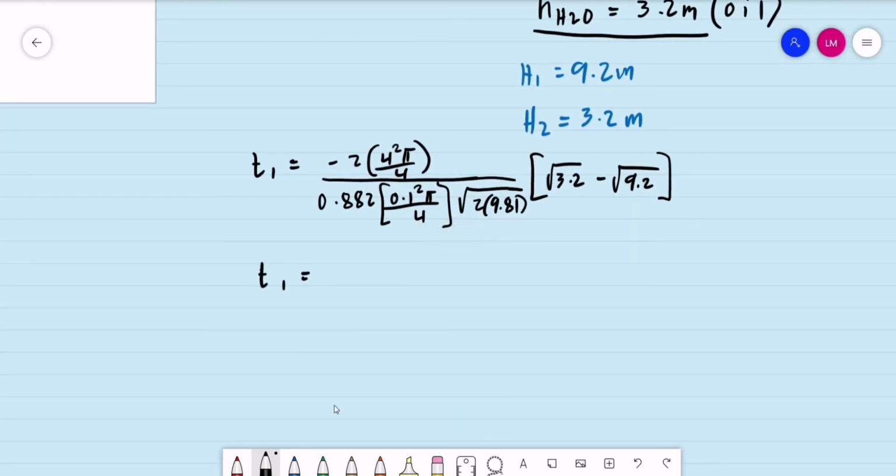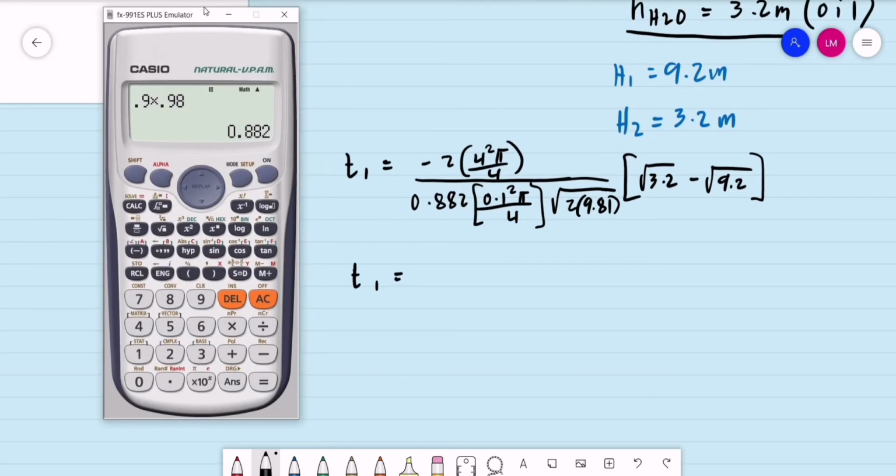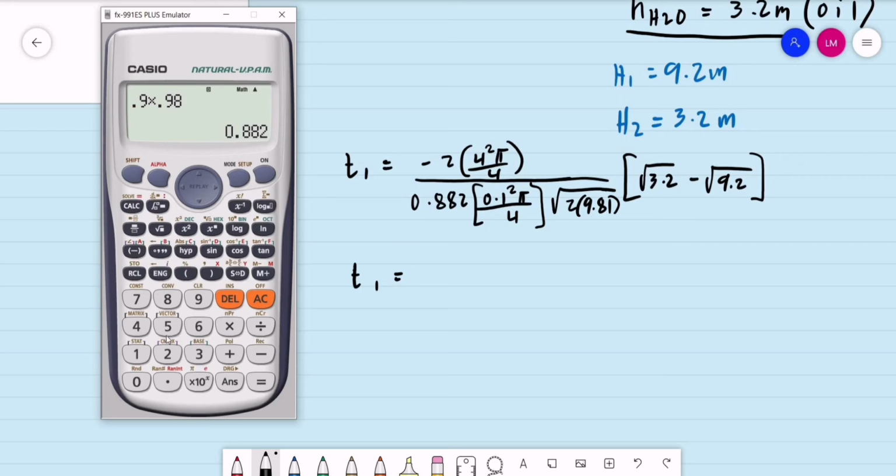Compute natin. We have negative 2. The area of the tank is 4 meters in diameter, 4 squared pi over 4. This is divided by coefficient of discharge, 0.882.